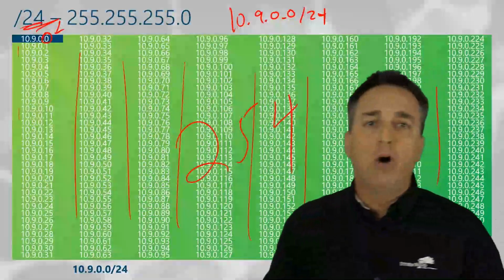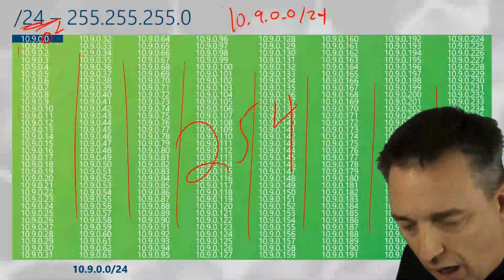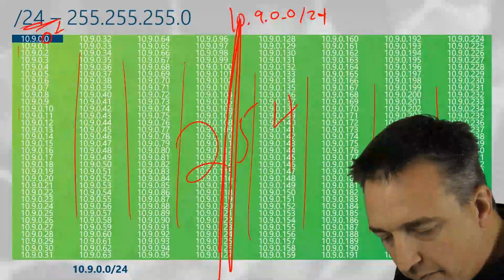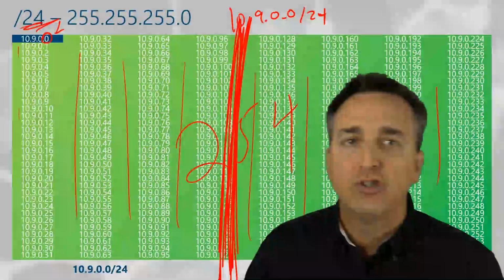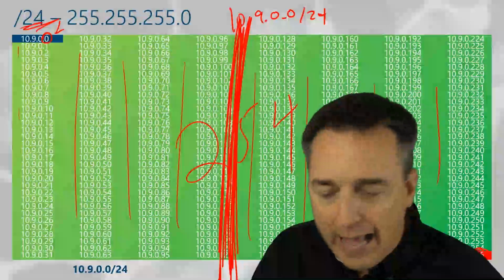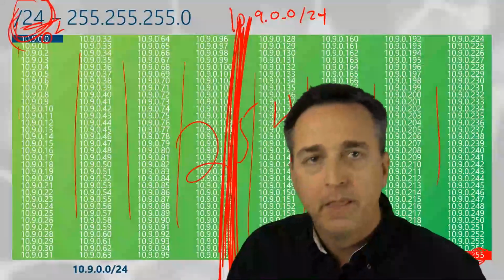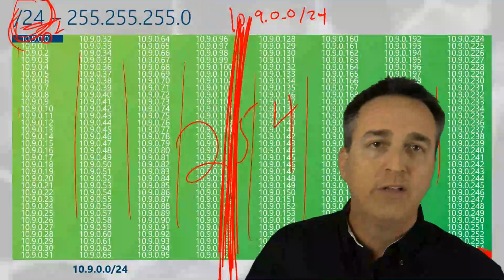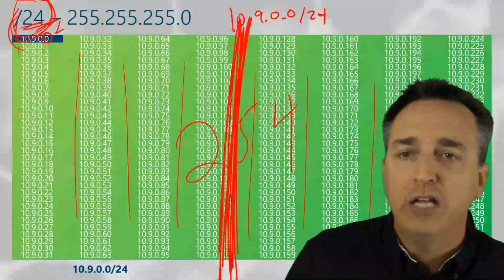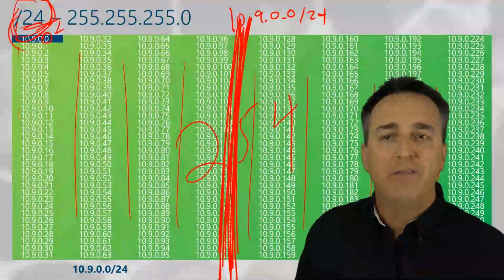So what if instead I wanted to divide it up? Let's cut it right here. How do you actually do that? You do that by changing the subnet mask. What if we change the subnet mask from a /24 to a /25? Change it from a 24 to a 25 instead.